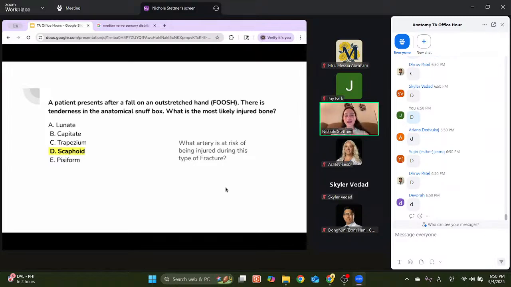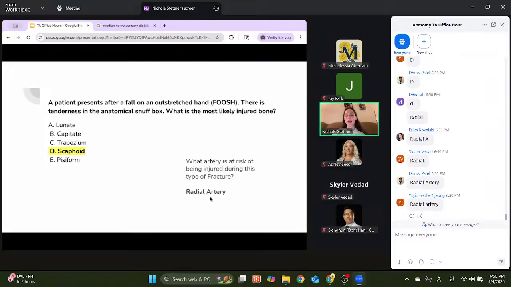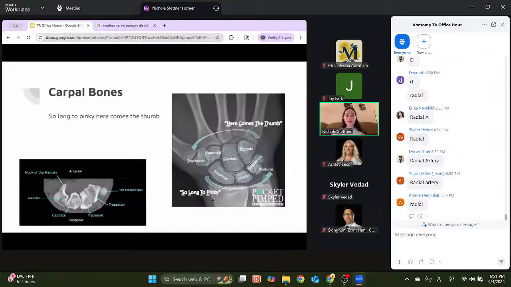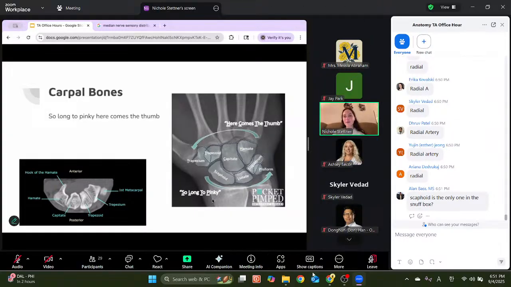Great. So now we went over it. Someone answered it. So what artery is at risk now, because it's in the snuff box with all the fun stuff? What artery is at risk of being injured? Fabulous. Look at the carpal bones. You have to memorize the order.